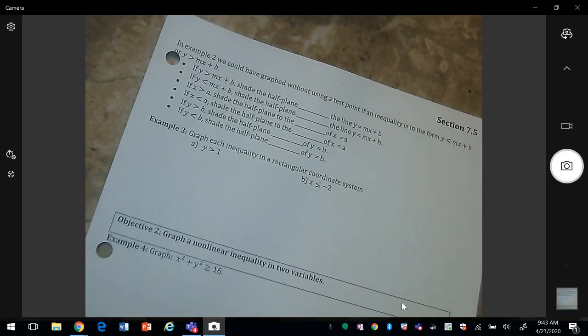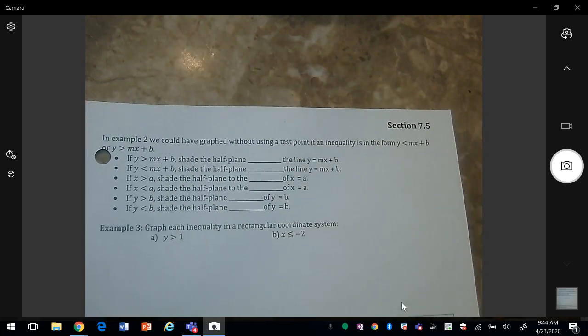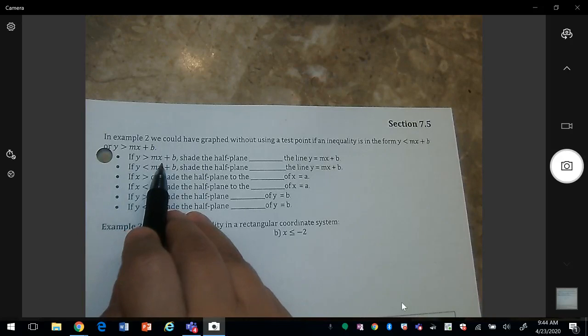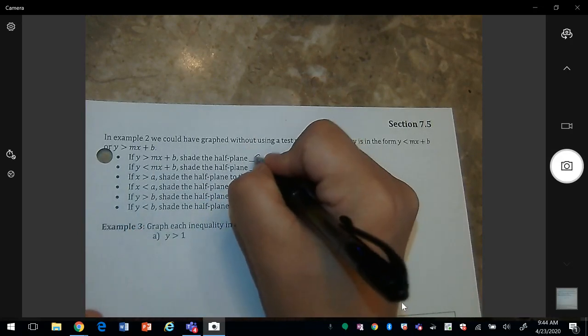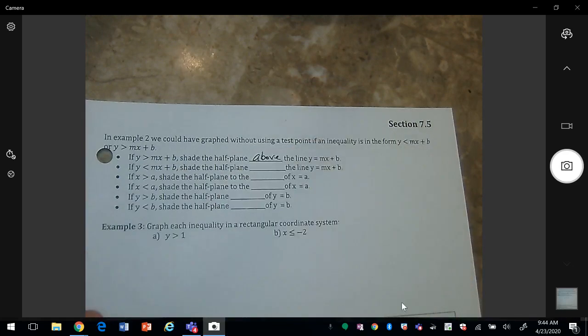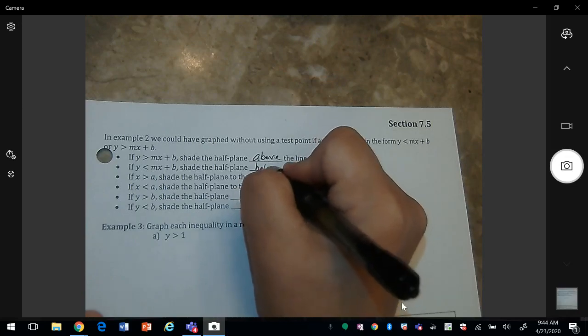Example 3. First we can fill these out. If y is greater than mx plus b, shade the half plane above the line. If y is less than mx plus b, shade below the line.